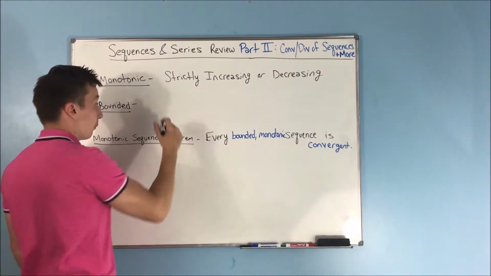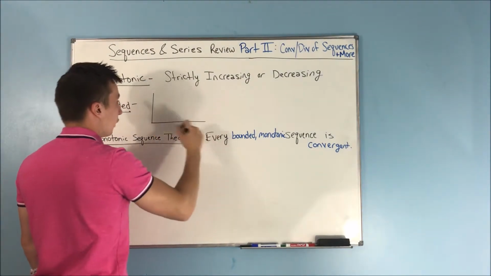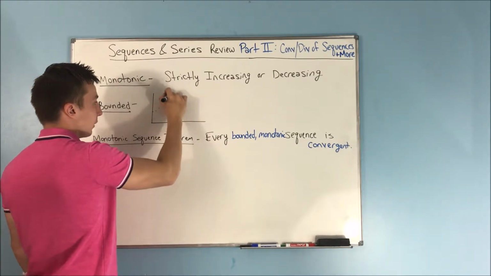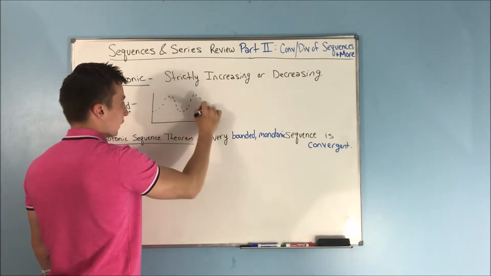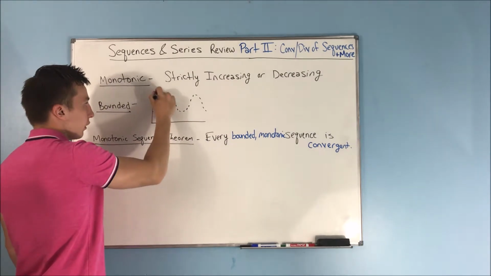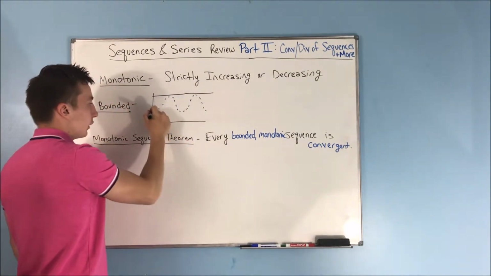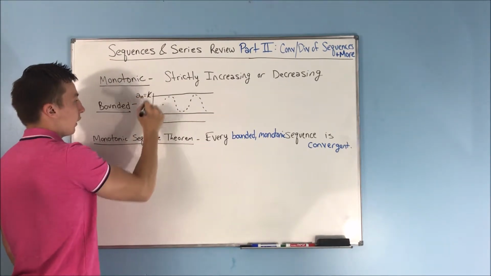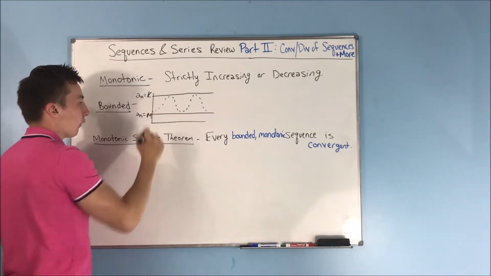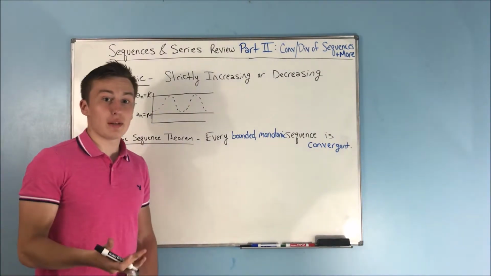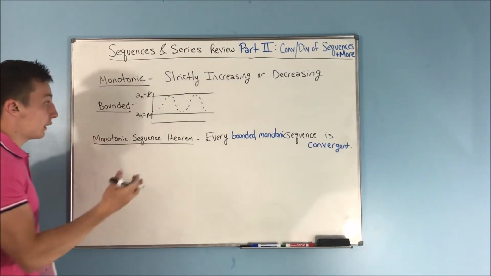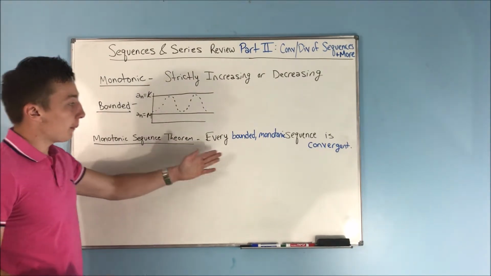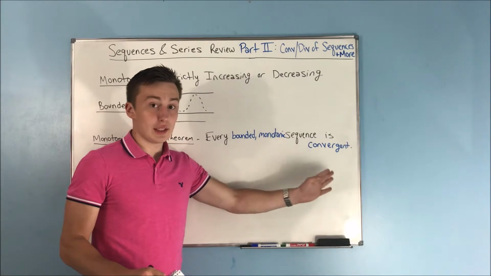Now if a sequence is bounded, you might start out here and have something that kind of looks like sine, and your sequence won't pass either of these two lines that I just drew, a sub n equals k and a sub n equals m. Then this sequence is bounded. It's called a bounded sequence. And then you have the monotonic sequence theorem: every bounded monotonic sequence is convergent.